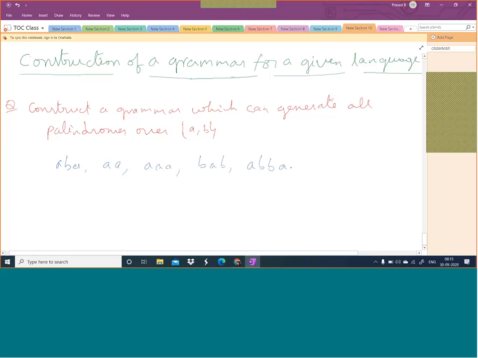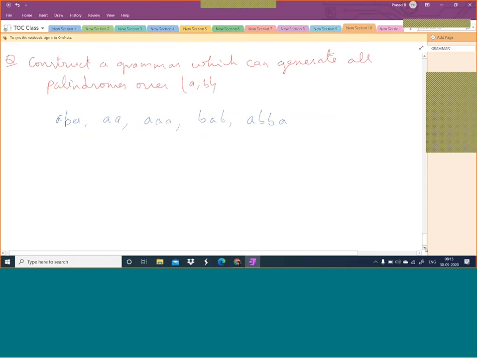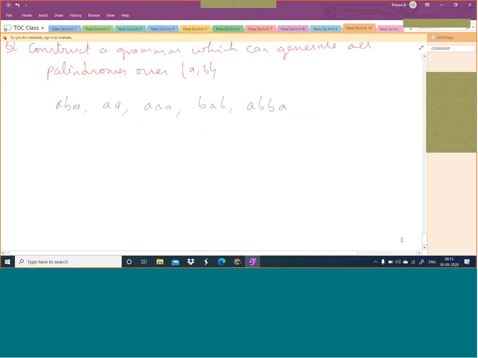Among all these, which one is the smallest string? What is the smallest string? The smallest thing is AA. Teja?